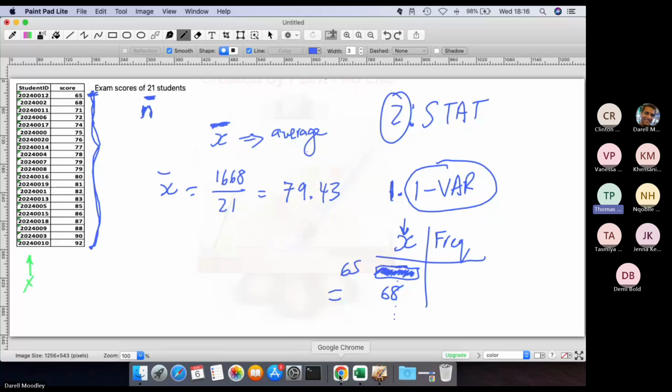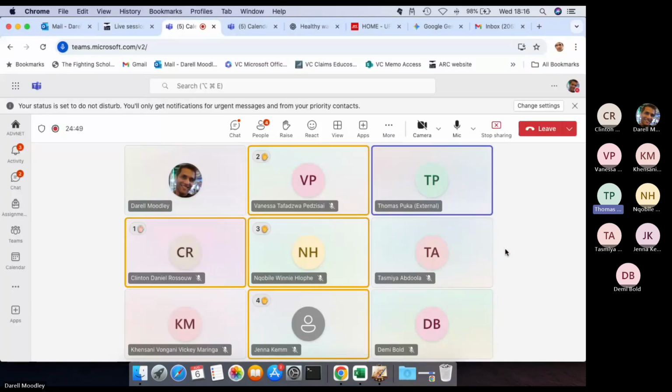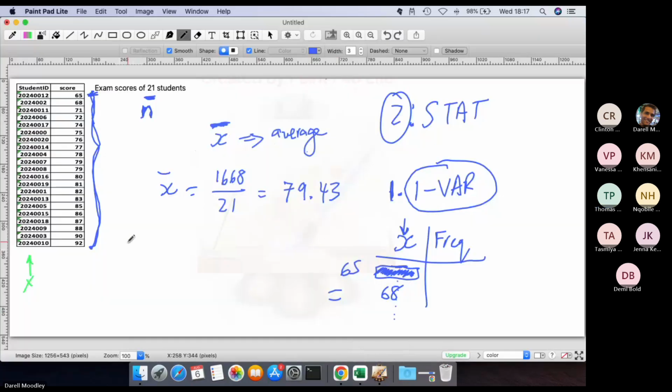Mr. Daryl, after capturing the last number, which is 92, do I still press the equals sign? Okay, so once you press equals, on your calculator you should see, on the left margin, 21 there, and that 92 must be there after you hit equals.